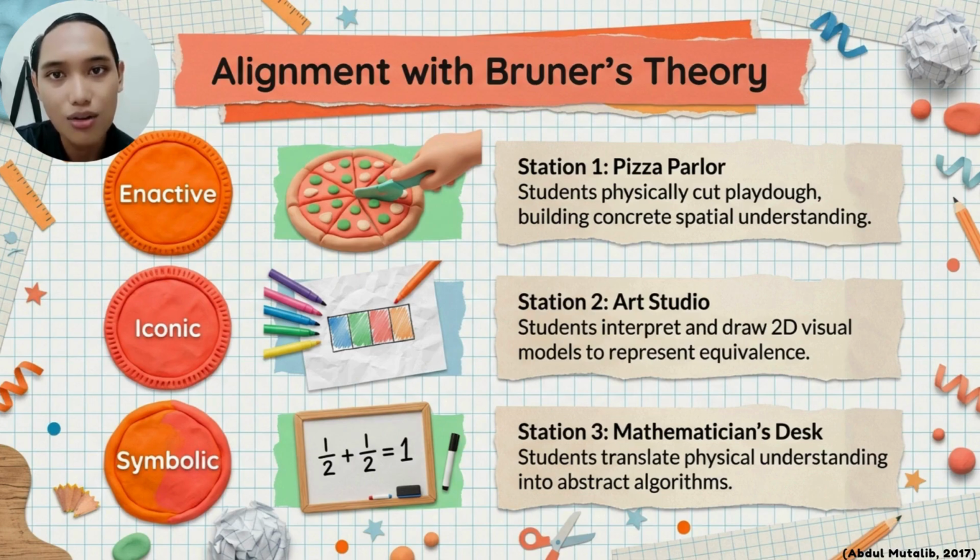Mathematical symbols now have meaning, grounded in the experience they have already explored. By carefully following this enactive, iconic, symbolic progression, we create a bridge from the real world to the abstract world of mathematics. This ensures that year 3 pupils gain a deep, meaningful, and lasting understanding of equivalent fractions.